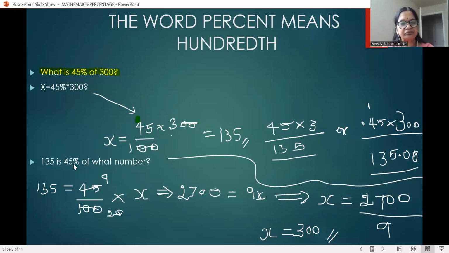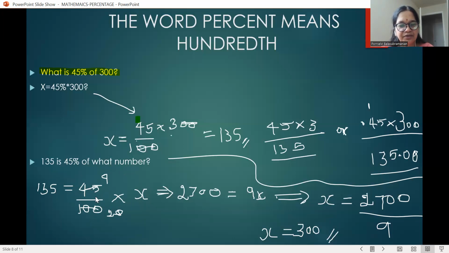Okay. Another question: 135 is 45 percent of what number? You have to write it as an equation. 135 is equal to 45 percent, which you write as a fraction, 45 divided by 100, into x. This is the unknown value, so we are going to calculate the value of x. Before that, you have to simplify 45 divided by 100.